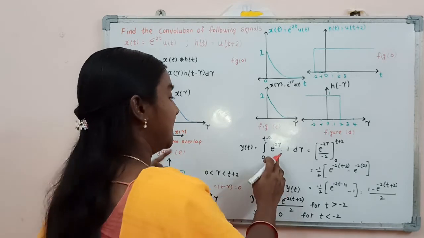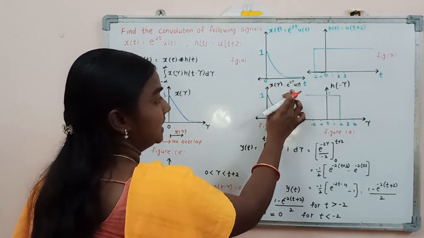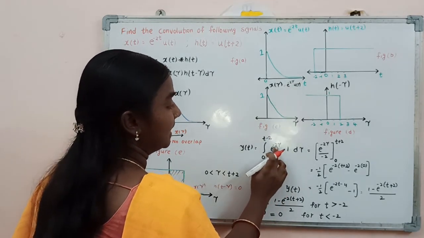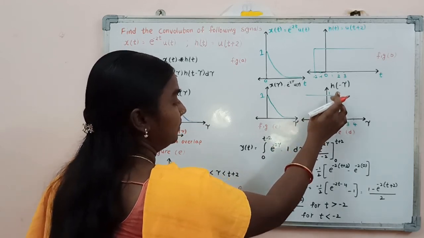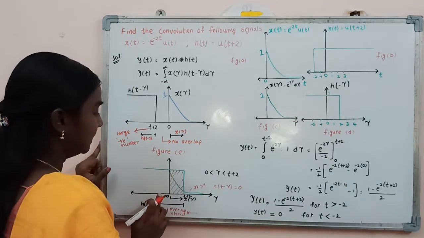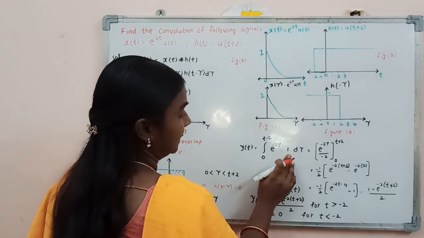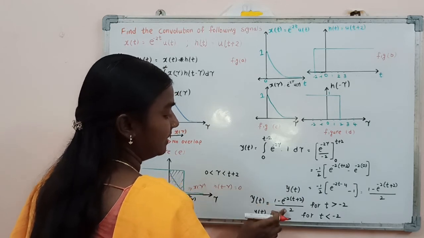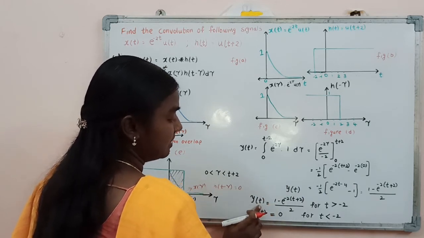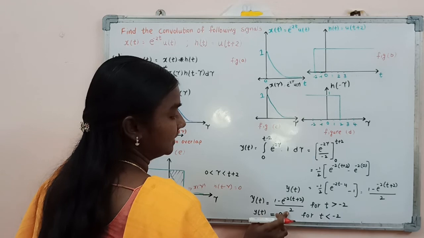The x of tau signal is e power minus 2 tau, and h of t minus tau is 1 here. After doing the integration, we find the output signal y of t in this manner.